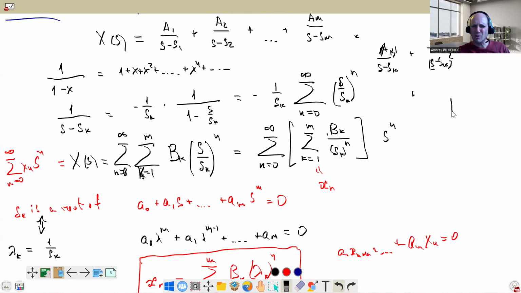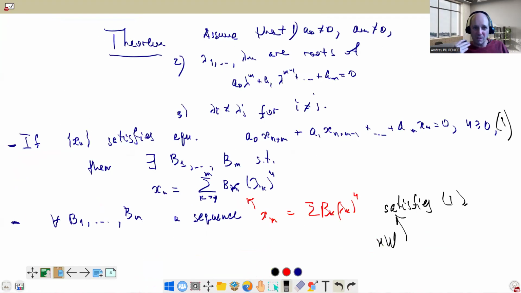Assume that multiplicity is d: A k d over s minus sk to the power d. However, Taylor expansion for these is well known, and let me formulate the general result.